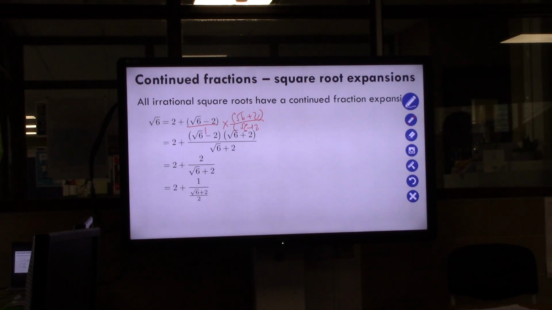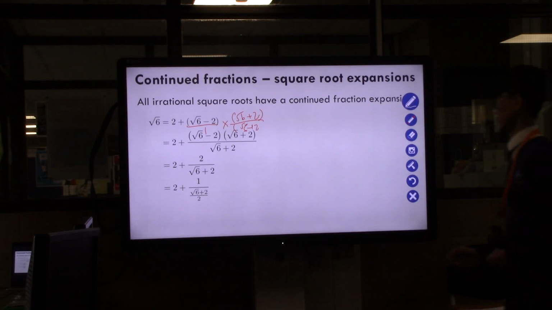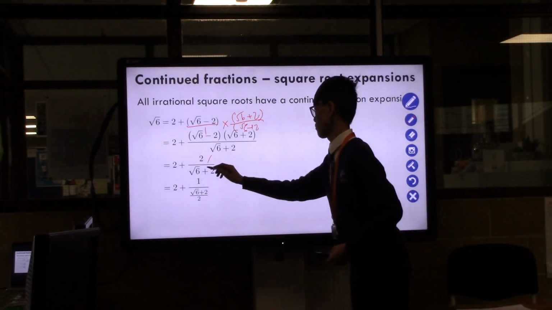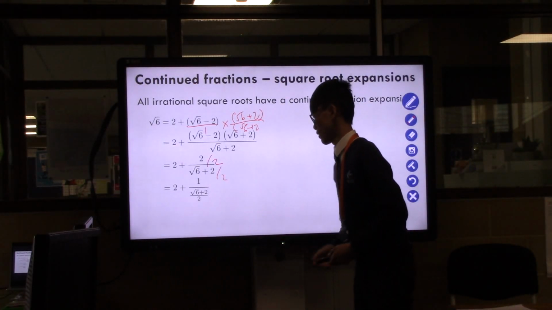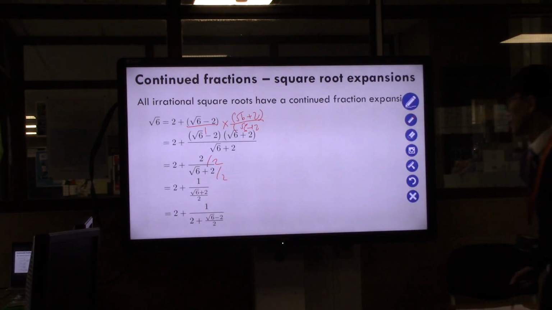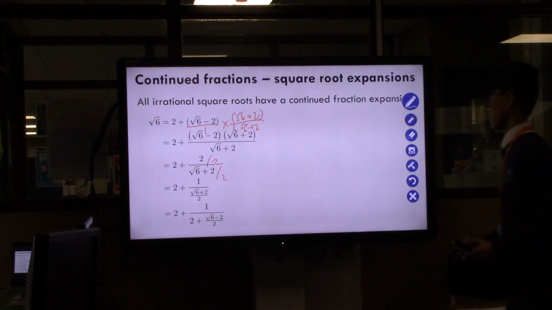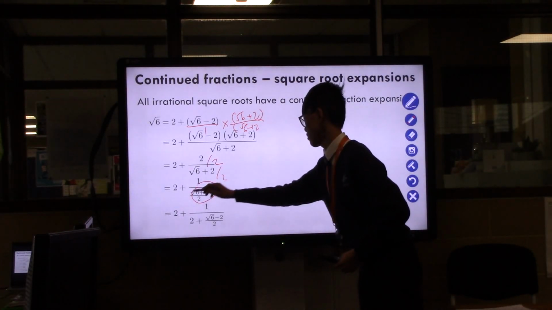And we can write this fraction as 1 over the reciprocal of that fraction. You can just see by dividing by 2 on top and bottom. And we can repeat the same process with this bottom part here.